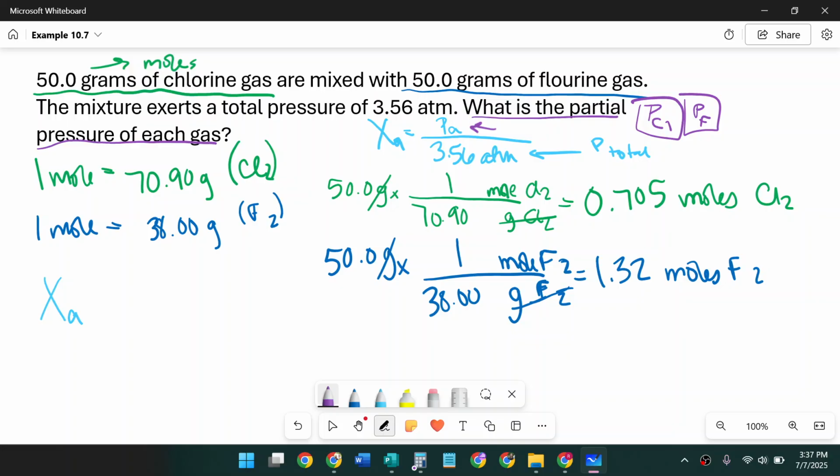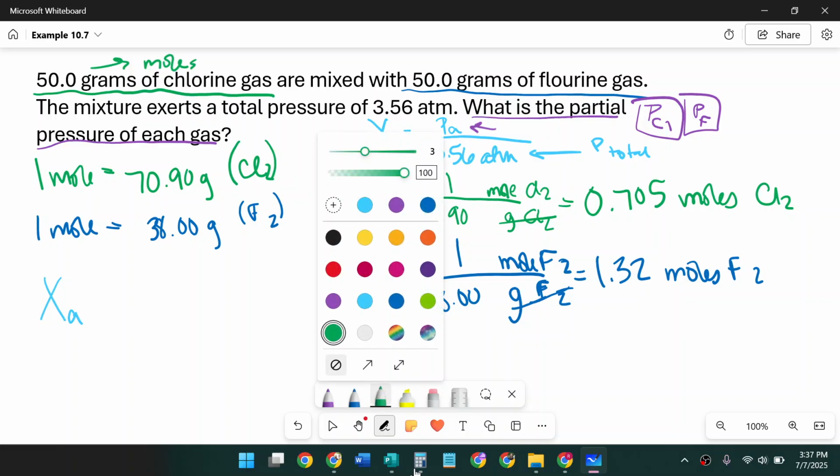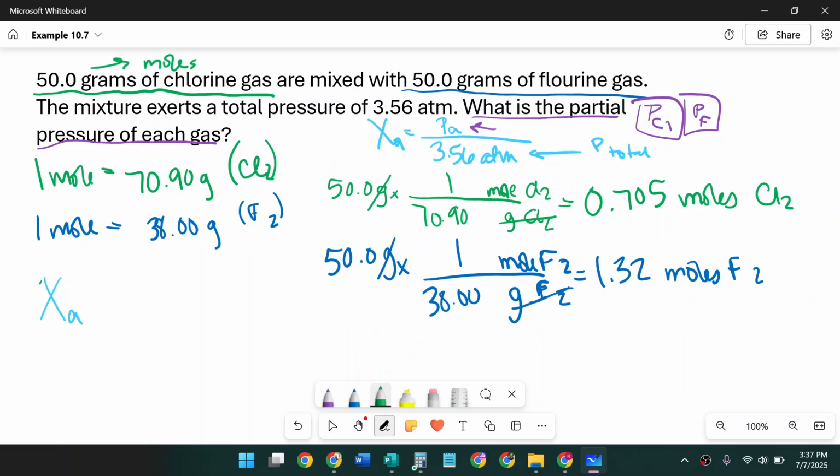Okay, so let's go back over here. All right, so we're going to find the mole fraction for our chlorine. So if we have X chlorine, that's going to be the number of moles of chlorine divided by the number of total moles.